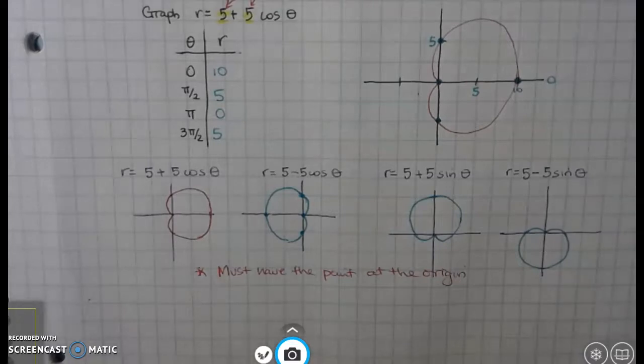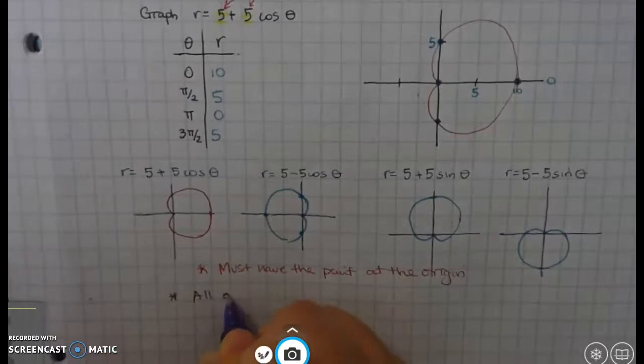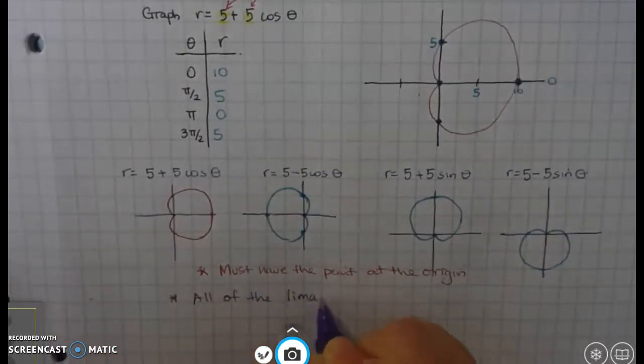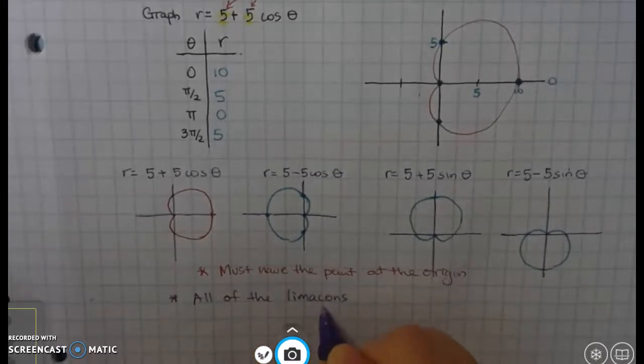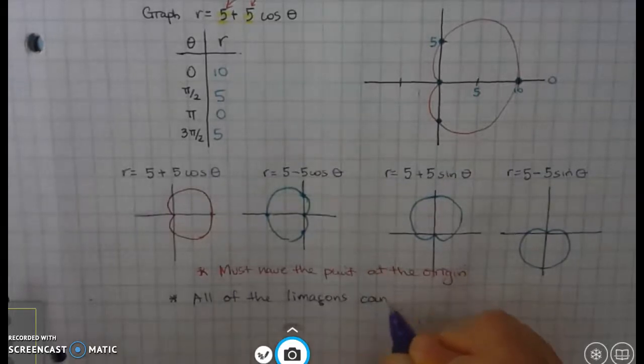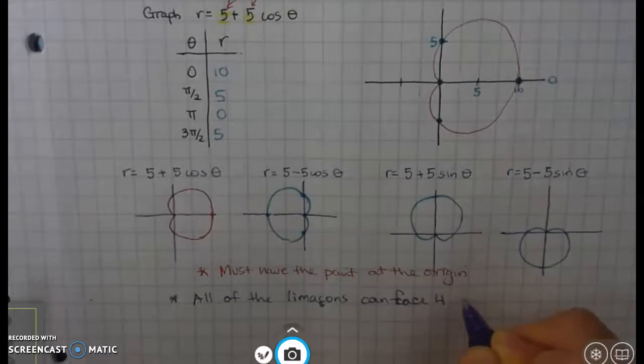So I'm going to write that down. All of the limaçons can face 4 ways.